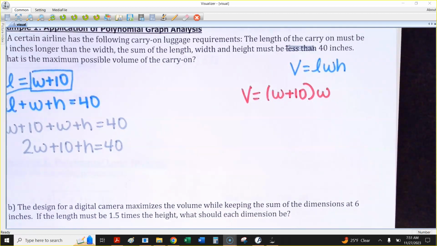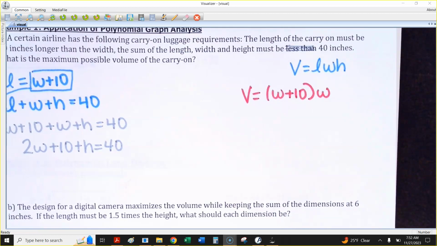Basically I'm looking for, those two expressions have the variable W, so it would be nice if we could get the height in terms of W. So how would you do that with this equation that we wrote over here? If I want the height in terms of W, what do you do?